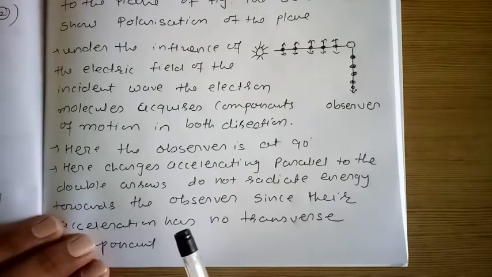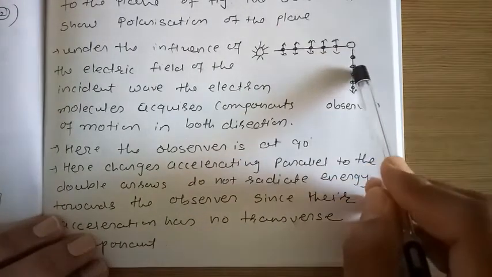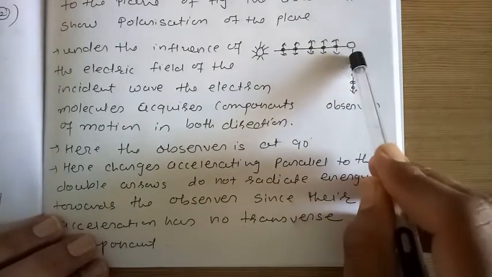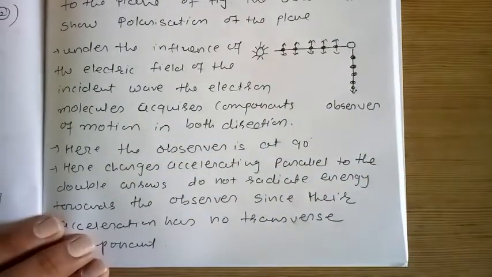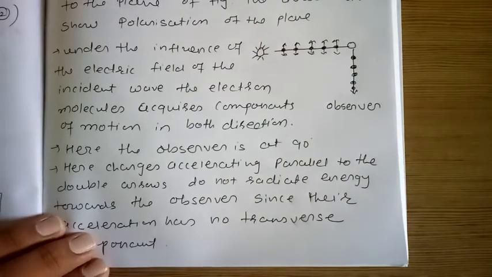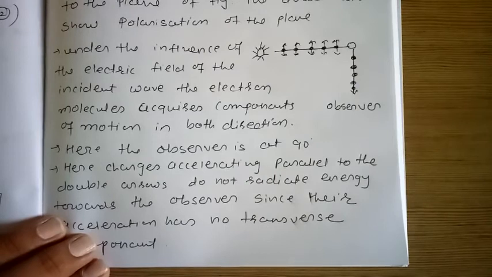So the radiation scattered by the molecules is represented by these dots. Here these are in the same direction, so we can say that polarization occurs. So this is the polarization by scattering.